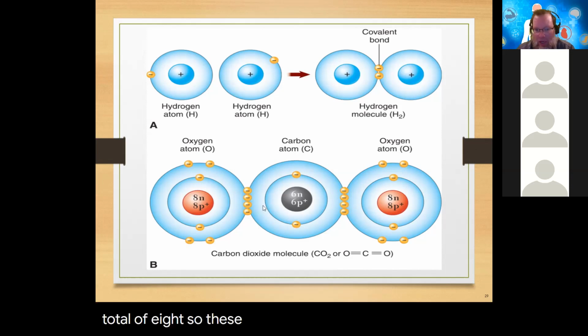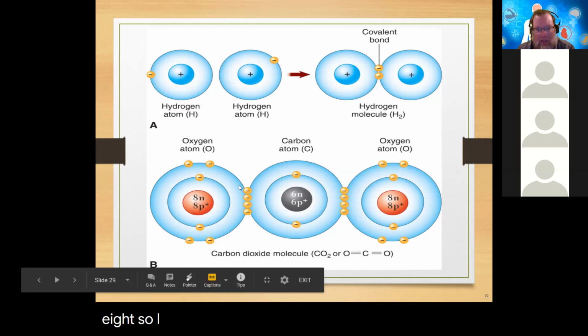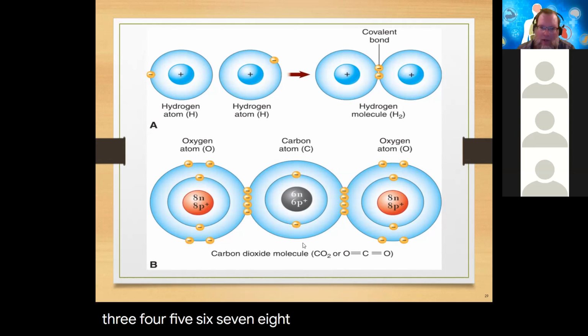So these guys are sharing electron shells. So 1, 2, 3, 4, 5, 6, 7, 8. Okay, so oxygen is complete. We look at carbon, 1, 2, 3, 4, 5, 6, 7, 8. So carbon is complete. And then oxygen we know is complete, 4, 5, 6, 7, 8. And how did we get these 2?